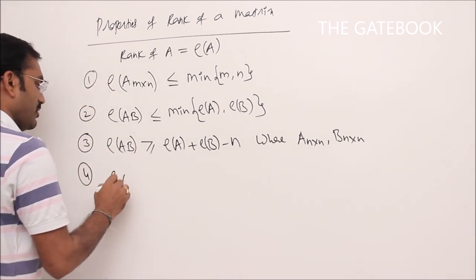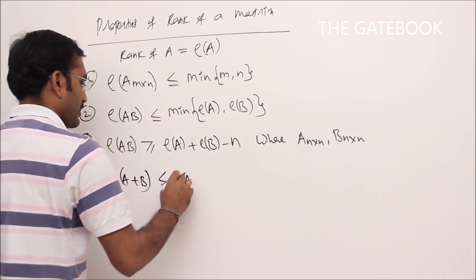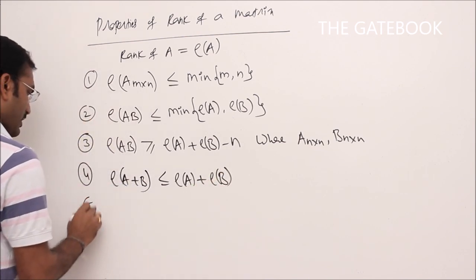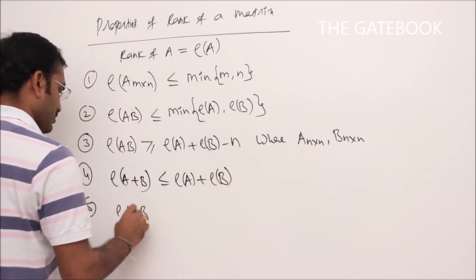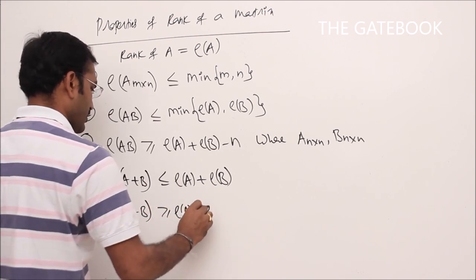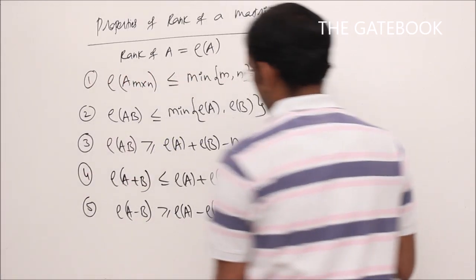Next, rank of A plus B is less than or equal to rank of A plus rank of B. Next, rank of A minus B is always greater than or equal to rank of A minus rank of B.